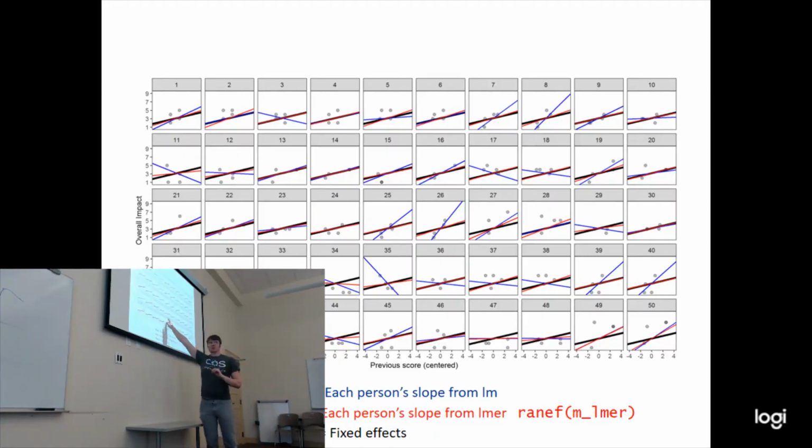The blue lines seem to be really variable. Again, we can notice number 35 up here. But what we actually get out from lmer is closer to those fixed effects than what we get from lm. So there's something really different that's happening here.